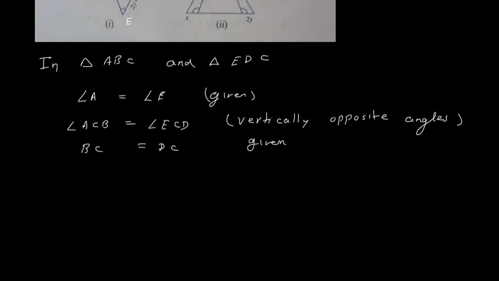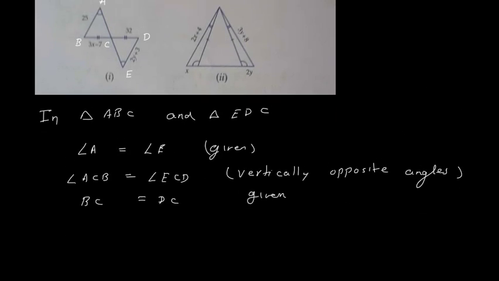So two angles and one side. Therefore, triangle ABC is congruent to triangle EDC. The criteria is angle angle side criteria. By angle angle side, these two triangles are congruent.